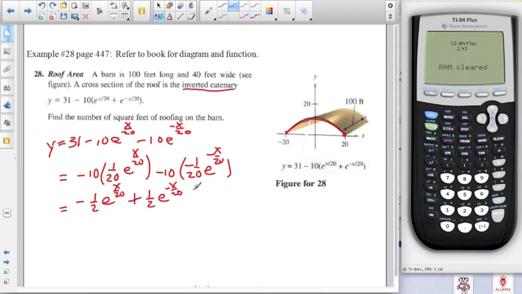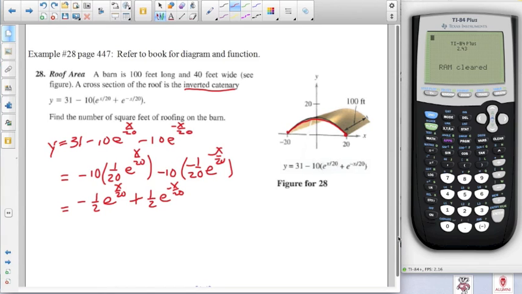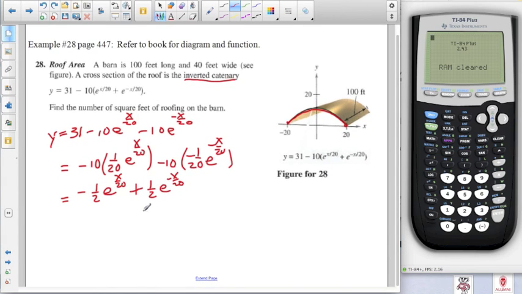And then we have to do a couple of things here. We have to now put that into the expression for surface area. And this is where, again, we could of course do all this integration by hand, but I think the TI-84 becomes a really powerful tool.